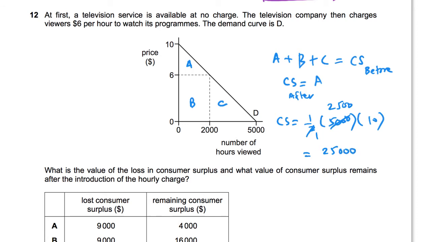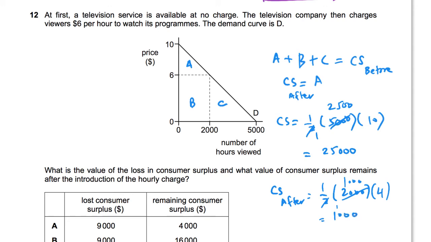Then comes the consumer surplus after. Consumer surplus after would be half times 2000, which is the base, times 10 minus 6, which is 4. So half times 2000 into 4 would be equal to 4,000.